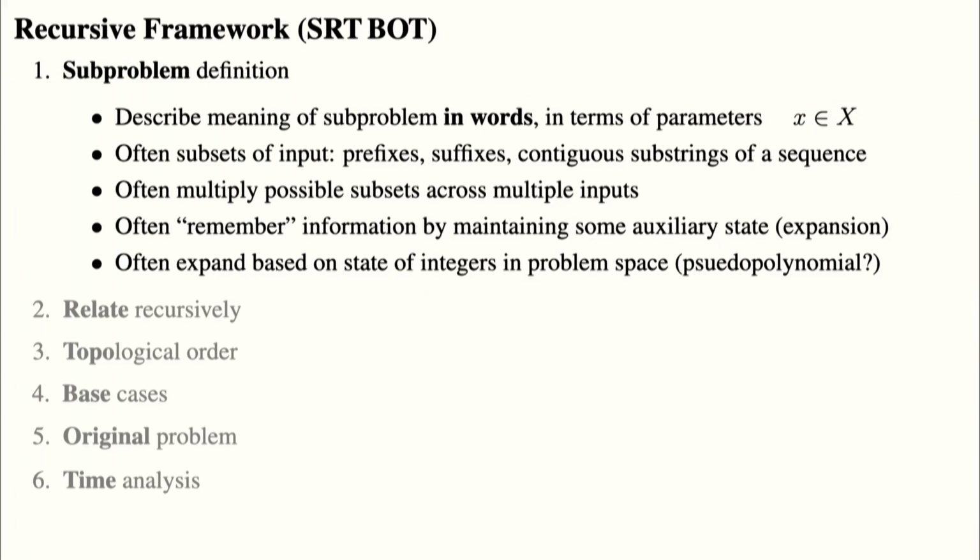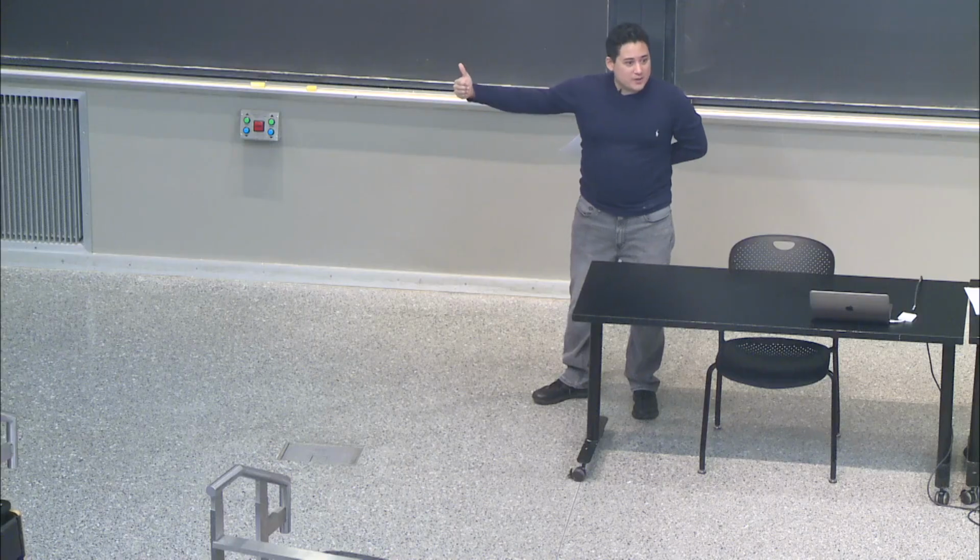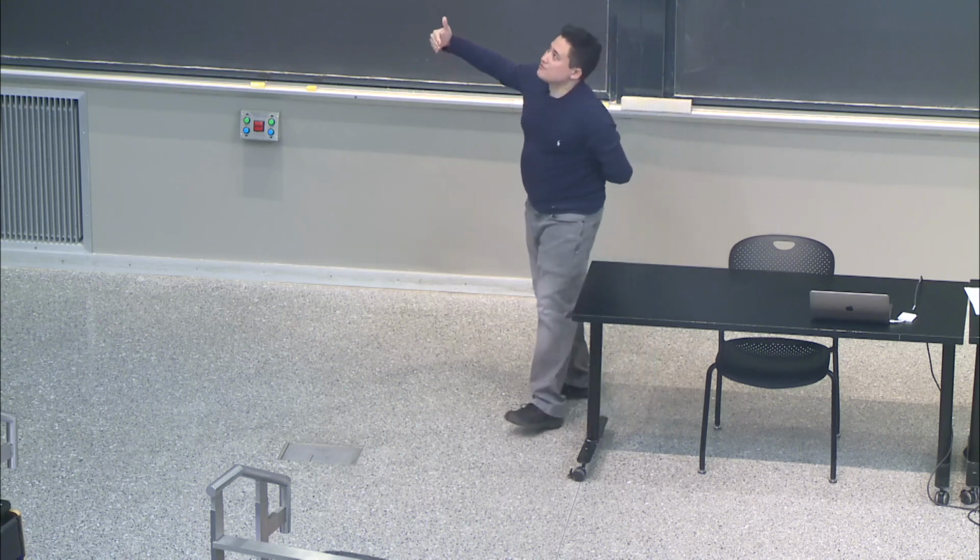Aside from dealing with subsequences of sequences, in particular contiguous ones, we also often multiply our subproblems across multiple inputs. Like if we have multiple sequences, we might take indices in each one of them to represent prefixes or suffixes.